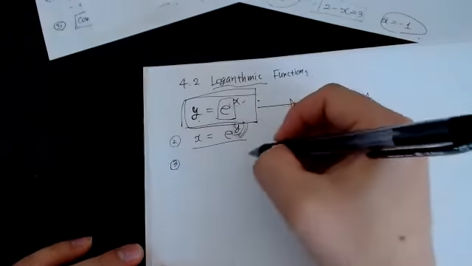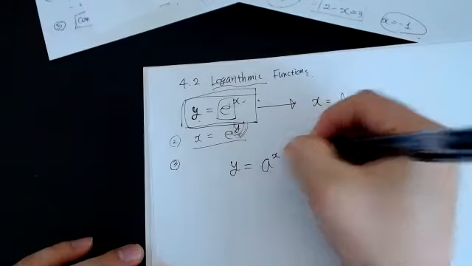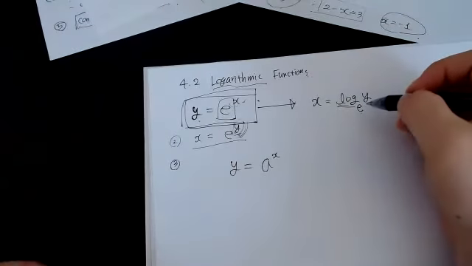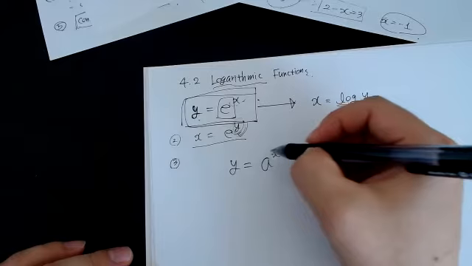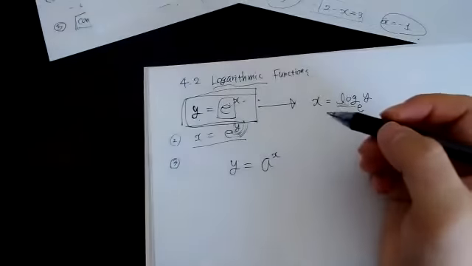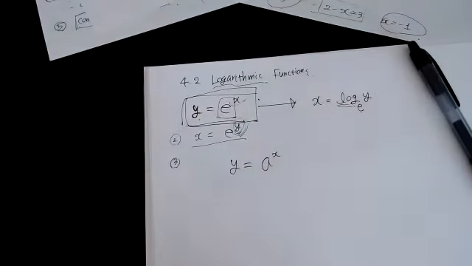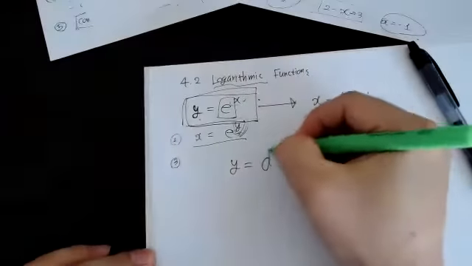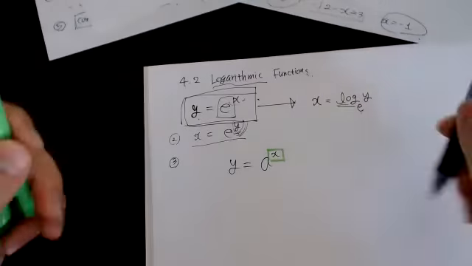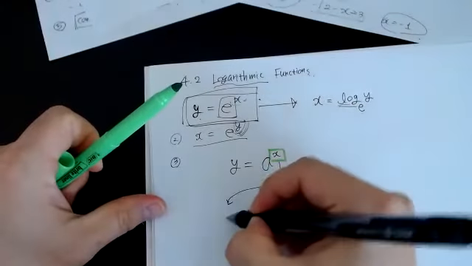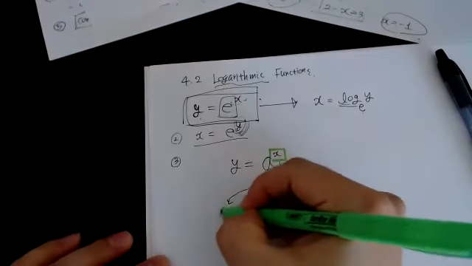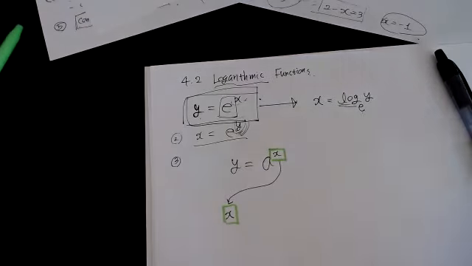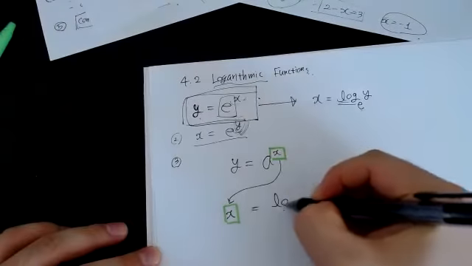Okay, so in general, y is equal to a to the x. And by the way, what is e? The natural number. This is a specific example. So in general, x goes to the other side, right here. And then a goes there with an equal sign and the log right there.